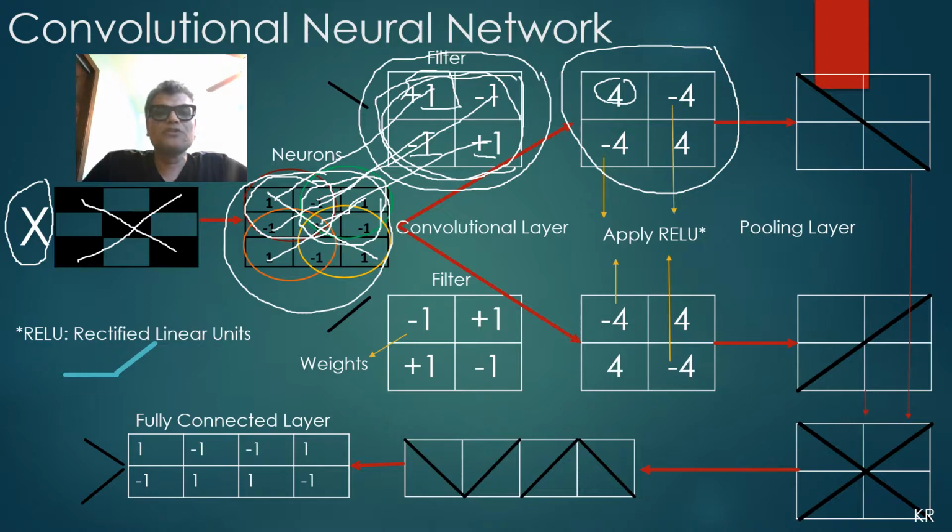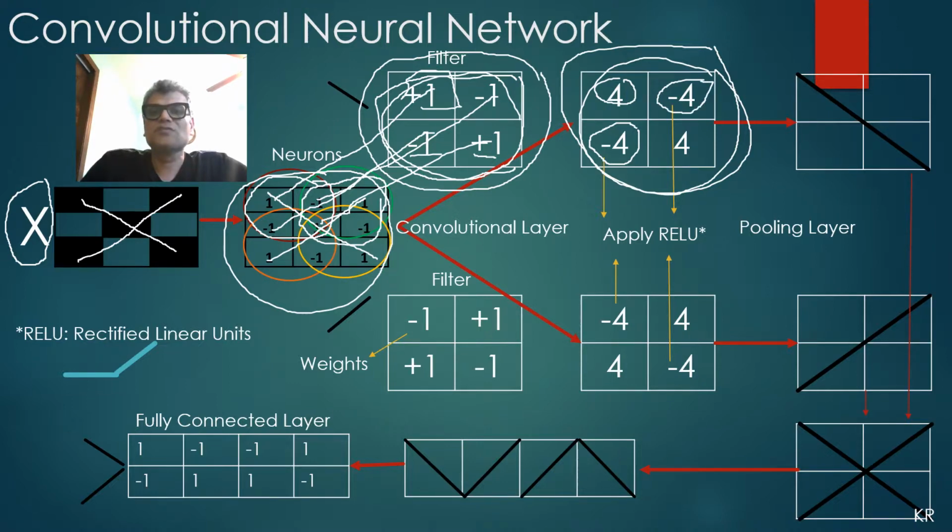And you keep doing the same with the 4 cells represented within the orange circle, and also the yellow circle, you come up with this matrix. Then what you typically do is apply a function called rectified linear units, which is essentially a function wherein you take these -4s, any negative number, and flatten them out with a 0.